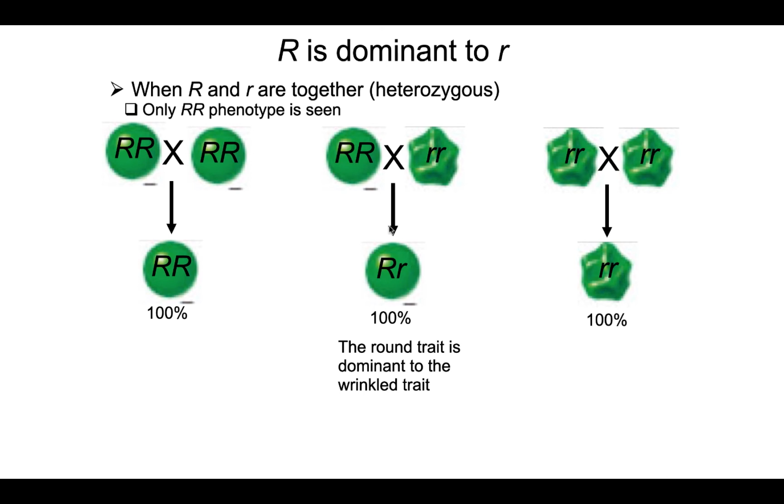It is identical to one of the two parental phenotypes, this one here, and therefore the round trait is dominant to the wrinkled trait. The round allele is dominant to the wrinkled allele. So this is the sort of experiment that Mendel did to define which trait was dominant and which trait was recessive.